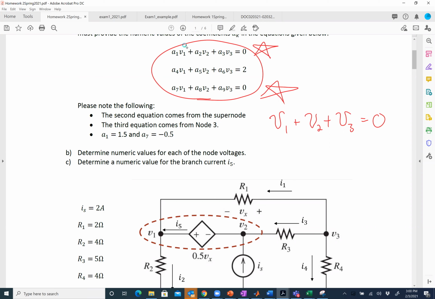So what I did here is I need to give you in each of these equations at least one constraint. And so what I did was I told you what the values of A1 and A7 are. All right. So once you know those values, and this guy is the number 2, once you know those values, you are then pinned on what everything else needs to be. All right.